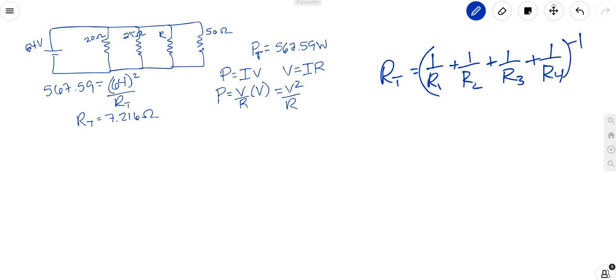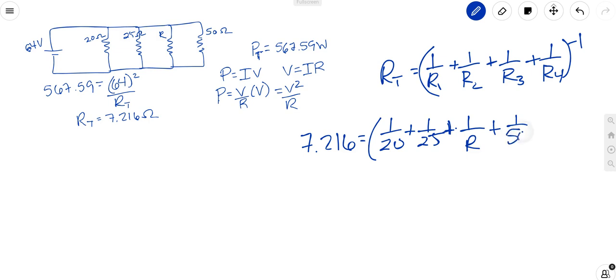So when I plug in my values, I have 7.216 is equal to 1 over 20 plus 1 over 25 plus 1 over R plus 1 over 50, all to the inverse.